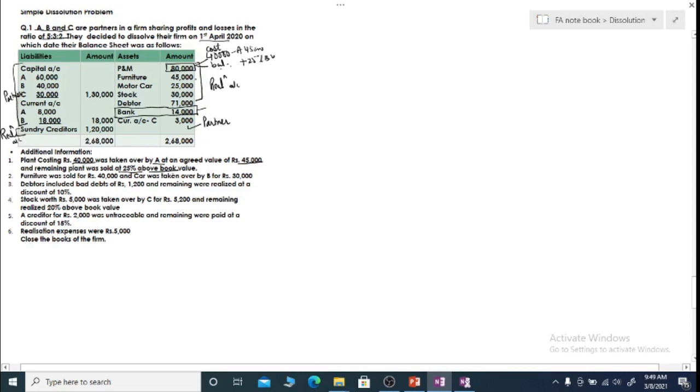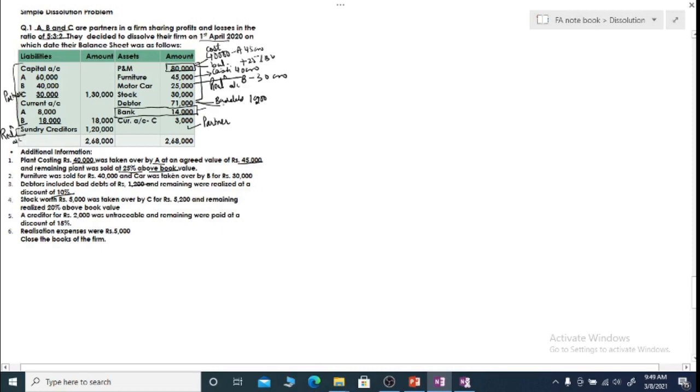Furniture was sold for 45,000. So on furniture you got cash of 40,000. Then you have the car taken over by B for 30,000. Debtors include bad debts of 1,200, and the remaining realized at 10% discount.